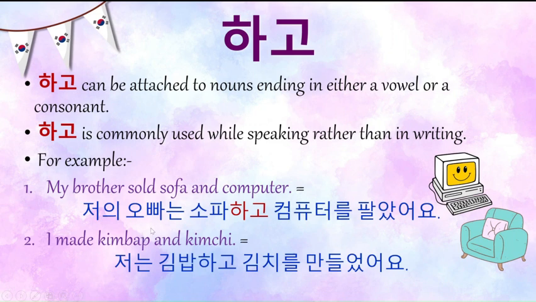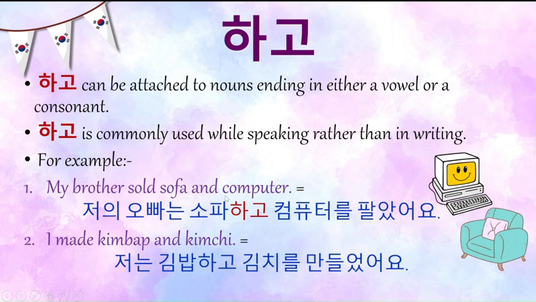And we know when a woman is talking about her older brother, she has to use the word oppa in Korean. Sofa is sopa, a loan word, and computer is also a loan word in Korean. Now and is coming in between sofa and computer.